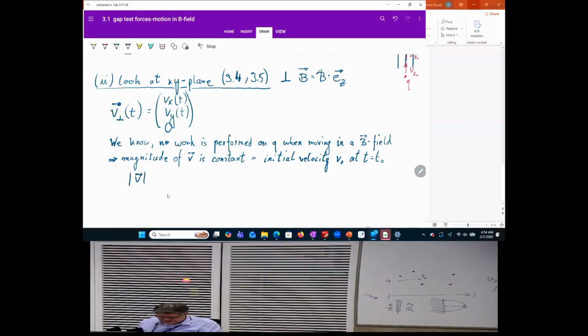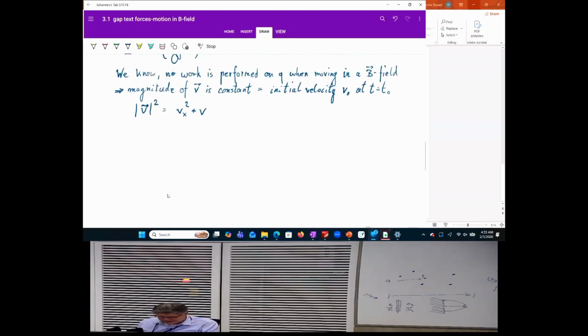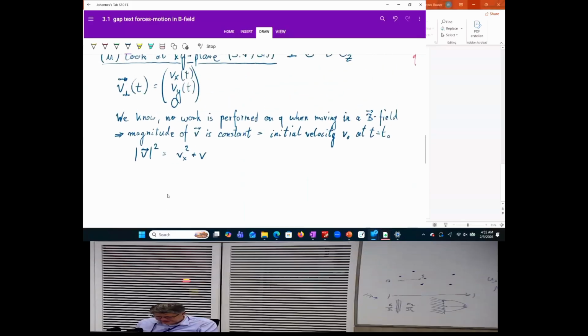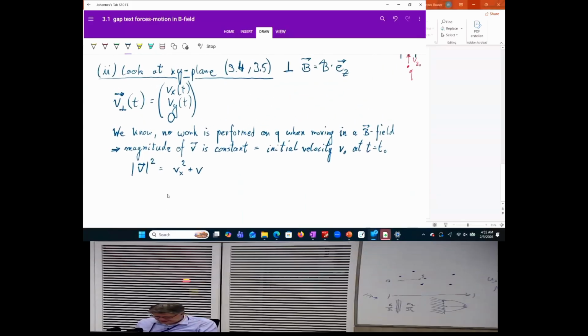That means the magnitude squared of the velocity vector is vx squared plus vy squared plus vz squared.